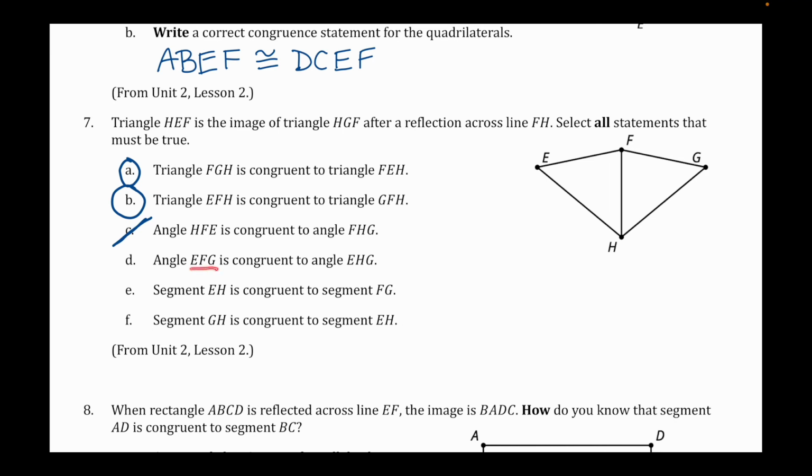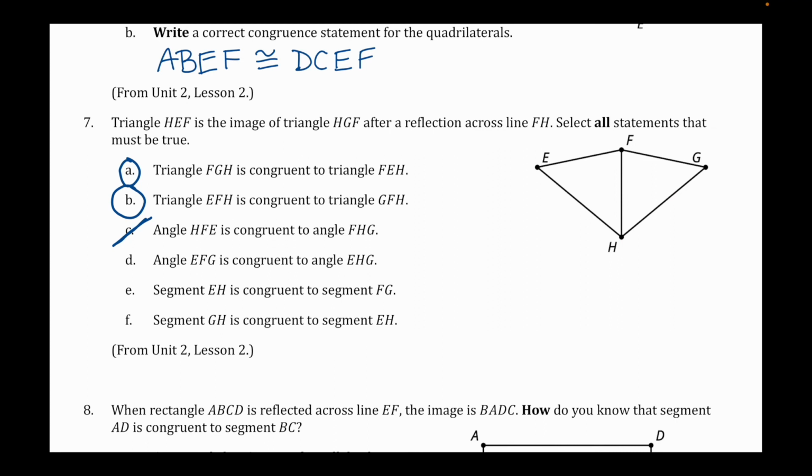Angle EFG congruent to EHG. So is that the one I just did? No, we said HFE and FHG. I think this one is also going to give us incorrect because EFG goes all the way across the top. That's saying this whole angle right here. Okay. And then EHG is this angle here at the bottom.